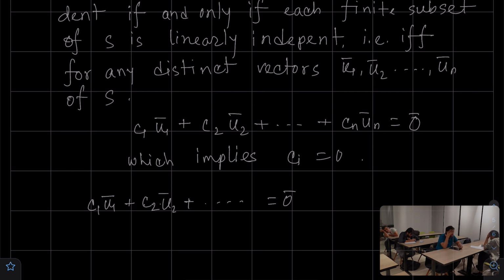This has to be the condition which implies each ci equals 0. Right? This is the definition of the independence of the set. Okay.